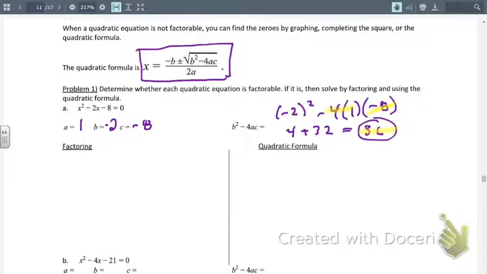Remember, when we're factoring, we want factors of a times c that sum to b. So our a times c, 1 times negative 8 is negative 8, and it has to sum to negative 2.